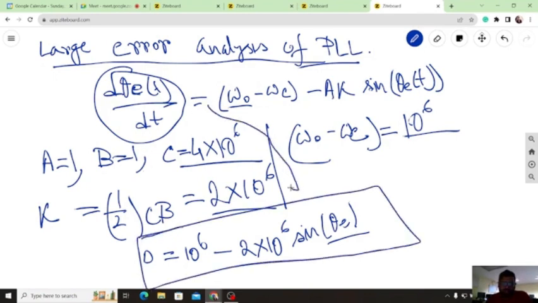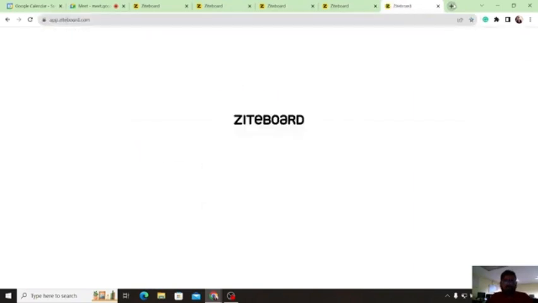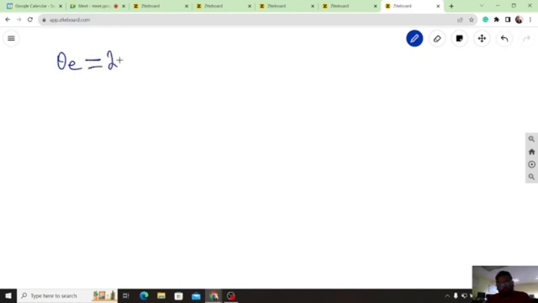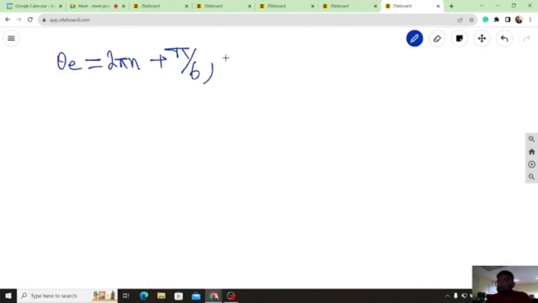From this equation we can write theta e is equal to 2 pi n plus pi by 6. This is one of the solutions. Another solution is (2n plus 1) pi minus pi by 6.